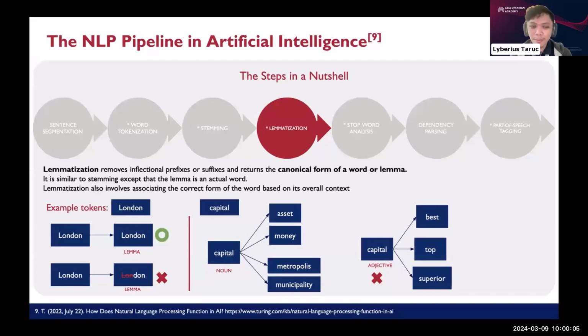Now, notice also that capital as a noun can mean different things. In a business context, capital can mean asset or money, but in a government or political context, it can mean metropolis or municipality. So in lemmatization, you also have to consider this. We don't want the context of capital to be referred to as a business terminology.